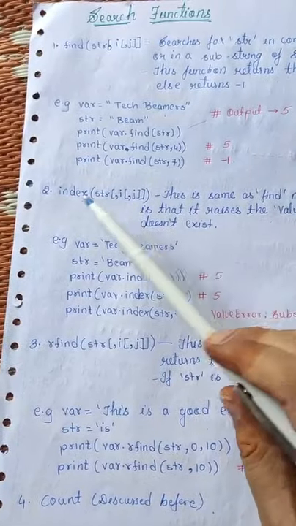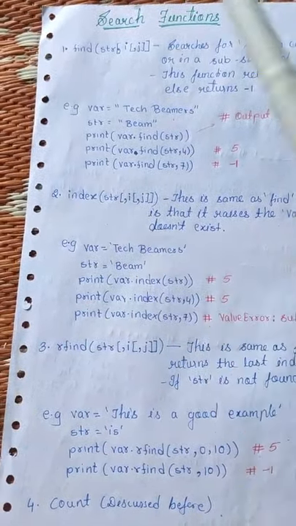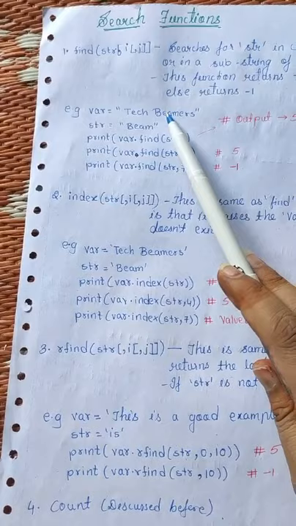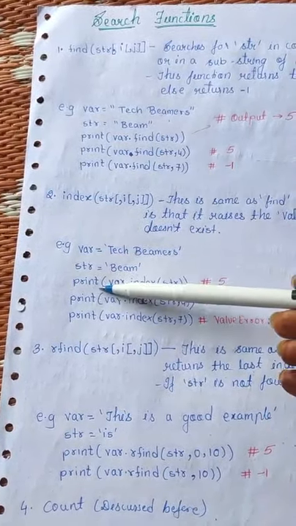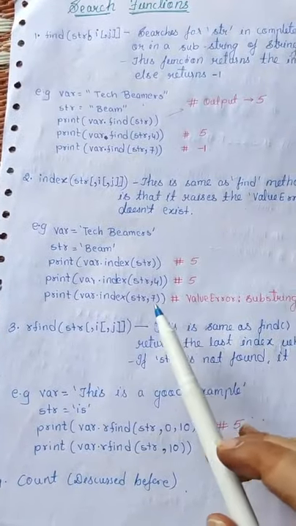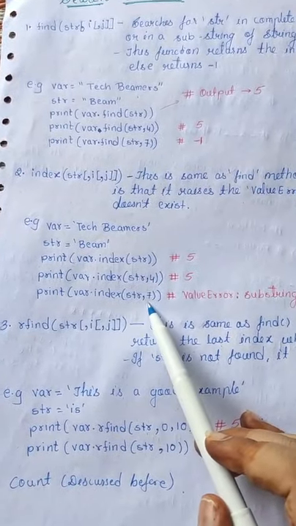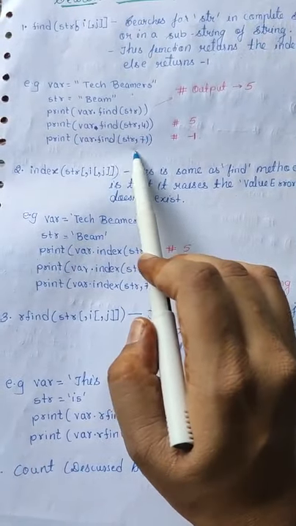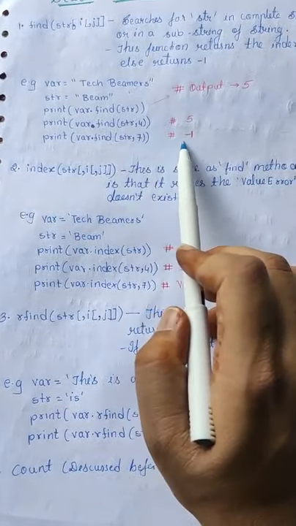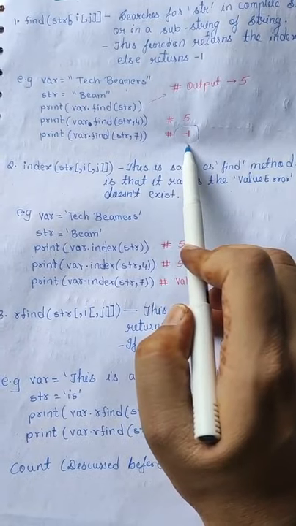Now see, index. Index is also like find only. The only difference between the find function and the index function is when it is not getting the string. As we have seen, when the string was not present from the 7th position, find gave me the output -1.